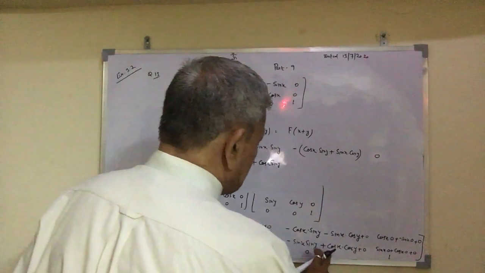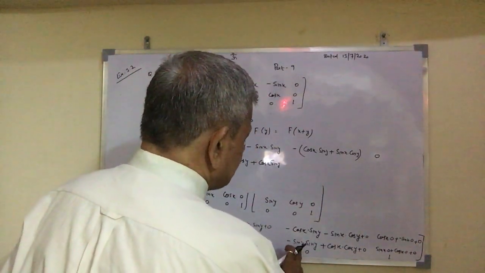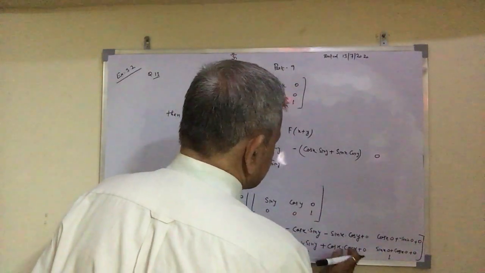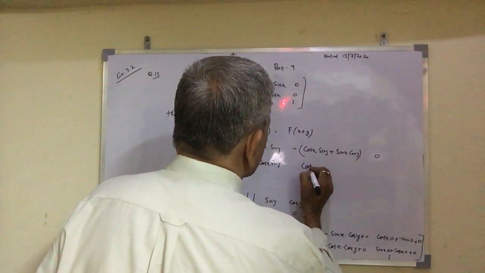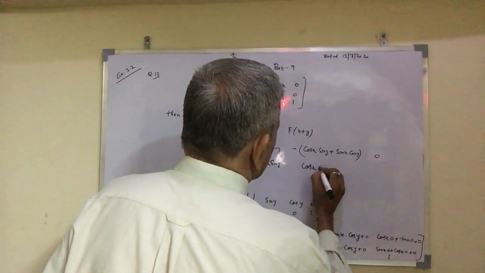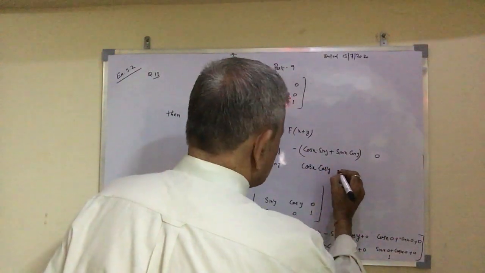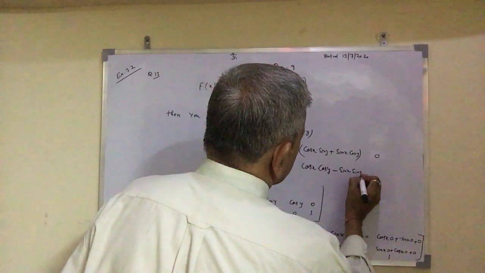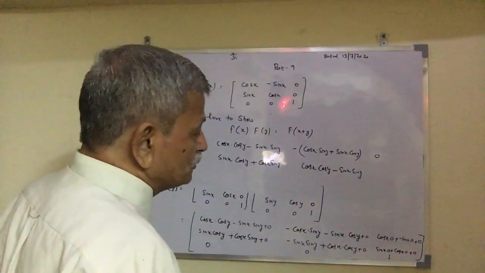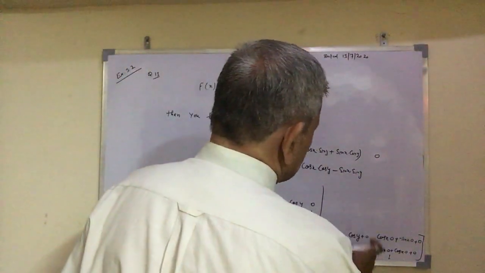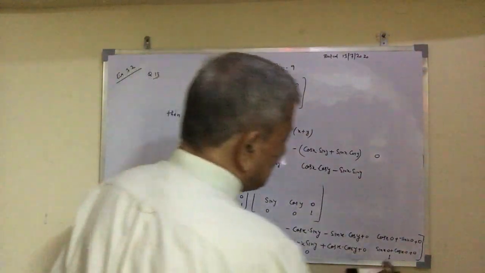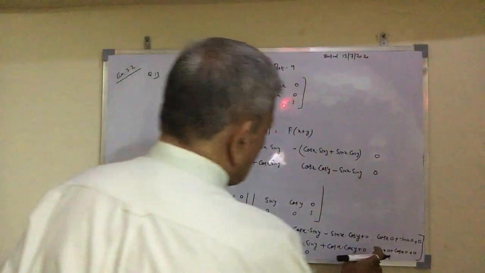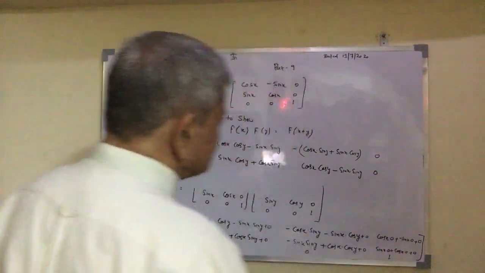Now here you have again cos x into cos y, first cos x into cos of y, then minus sin x into sin of y. So this value goes off, and addition of 0 gives you the same value, and here this goes off to 0, because all multiplication with 0 goes to 0.